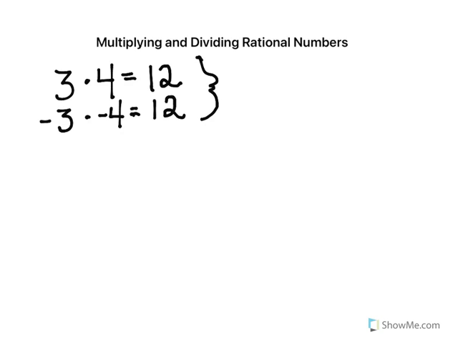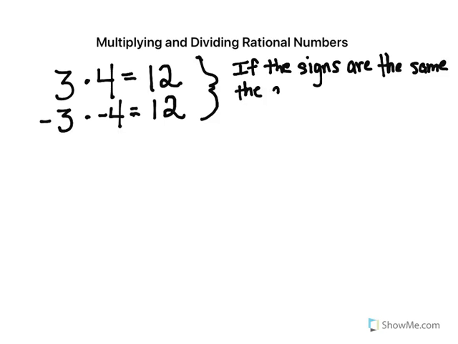We can say that if the signs are the same when multiplying and dividing rational numbers, the answer is positive.